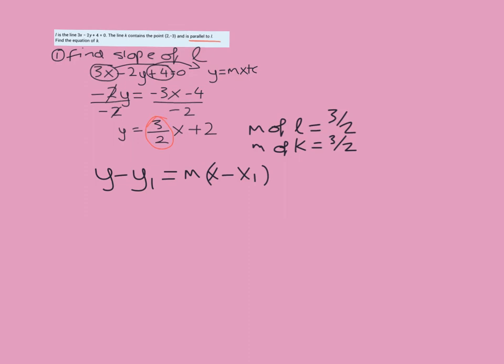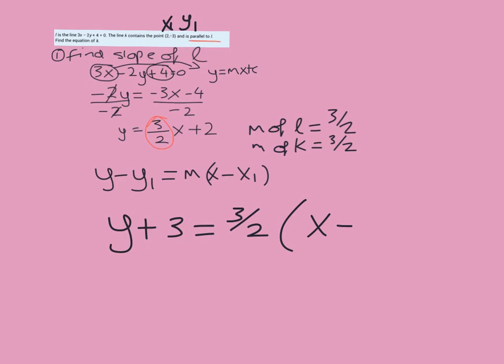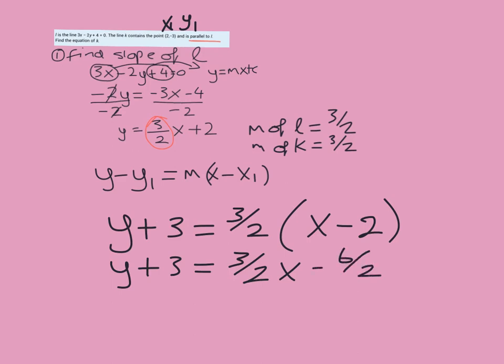Okay, so just substitution. Remember we have x1, y1, so y minus minus 3, which gives me plus 3, equals, so my slope is 3 over 2, and I have x minus 2. So y plus 3 equals 3 over 2 x, and 3 over 2 multiplied by minus 2 will give me minus 6 over 2.